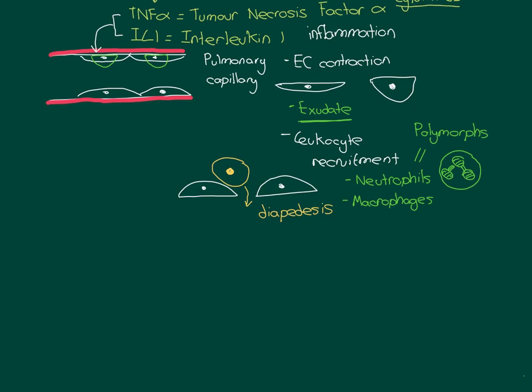Okay, right. Macrophages, you do not have macrophages present within the bloodstream. Instead, you have a precursor to a macrophage known as a monocyte present within the bloodstream. And monocytes, if I was to draw a picture of a monocyte, it would look like this.